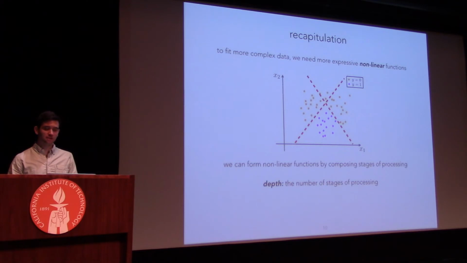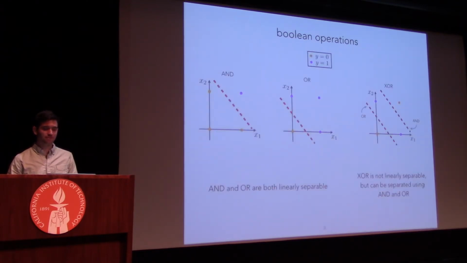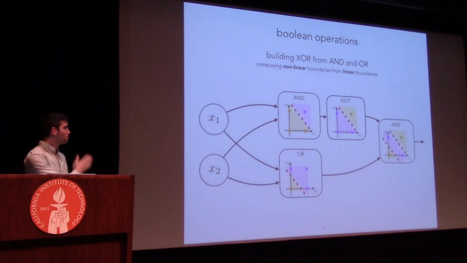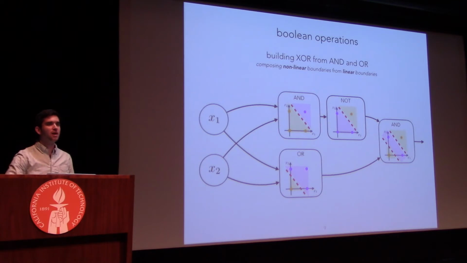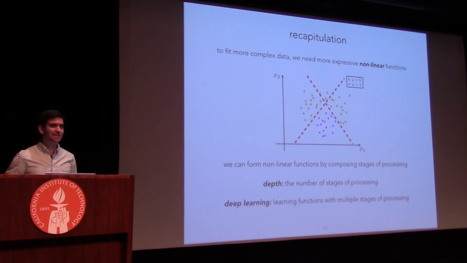In the same way that we had multiple stages here that we had to go through in order to get this nonlinear output, this is referring to the depth of the computation. And by deep learning, what we mean is learning functions that have multiple stages of processing, building up these functions and then learning each stage of processing in order to get the desired nonlinear output.